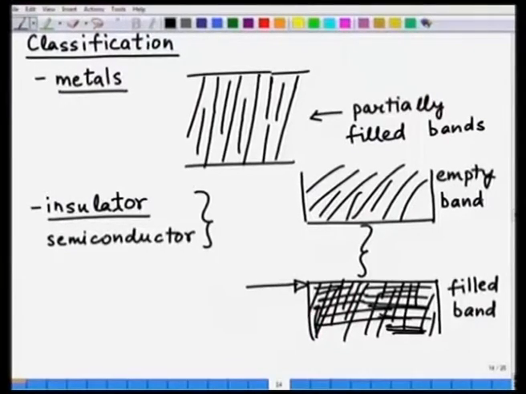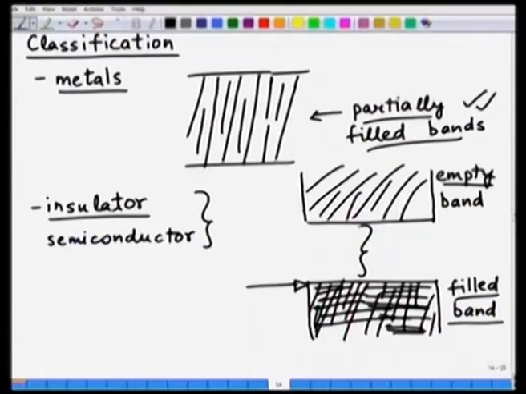Such a material is always an insulator. Remember, unlike a partially filled band, I have a completely filled band, and though there is an empty band, there is a separation between them through a band gap right here, which we did not have in case of metals, but here we do.